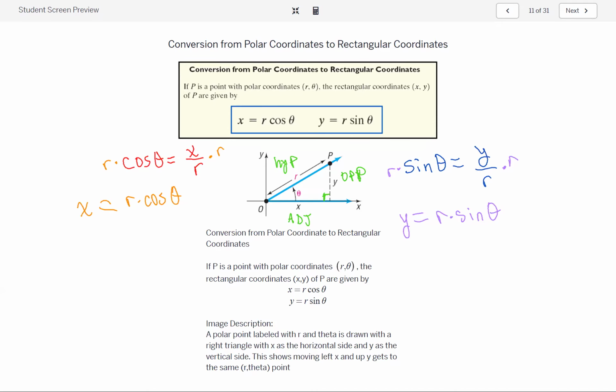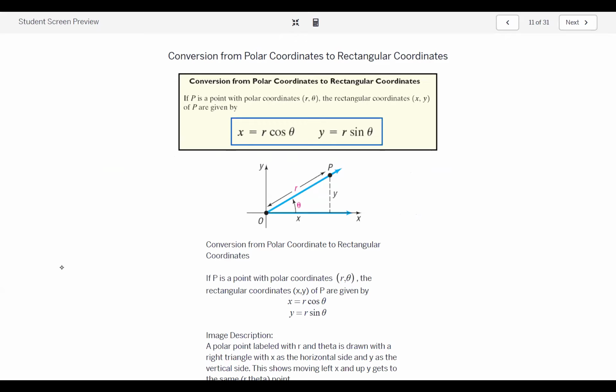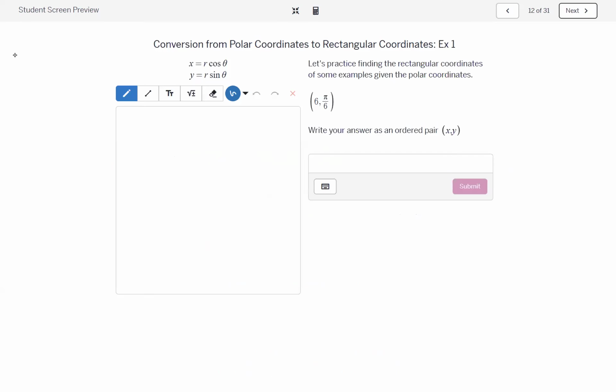So now let's see this in action. Let's see what it looks like when we actually start doing a calculation with this. So they just gave us a point out of nowhere, and they're wanting us to do a conversion between rectangular and polar. The way these questions are typically written, they will tell you explicitly that a point is polar or rectangular.